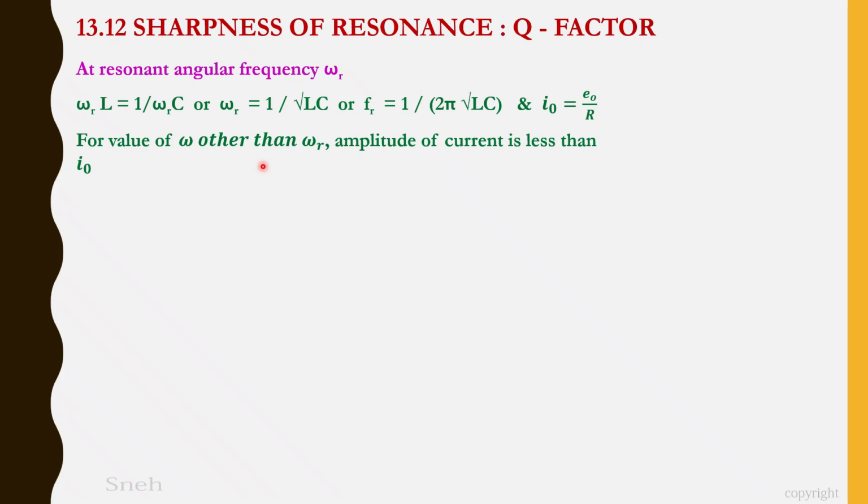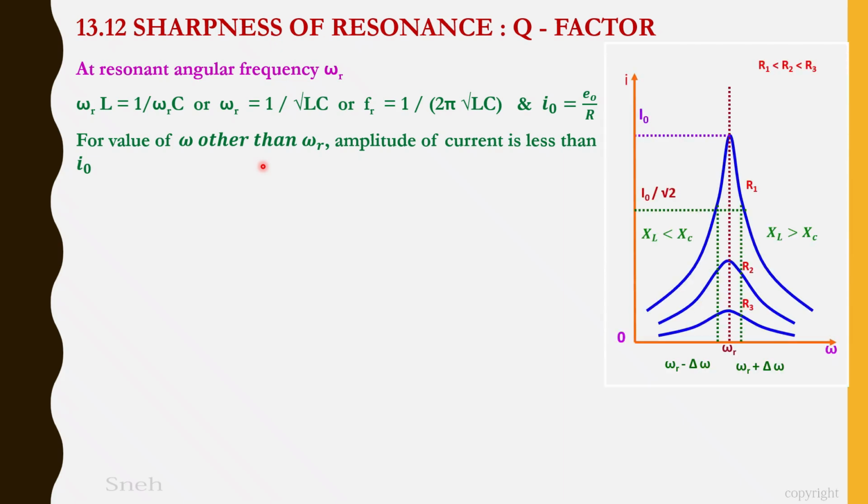We have studied the graph of this also in the series resonance circuit. This is the graph between current and frequency. Here I am taking angular frequency; the variation will be the same for frequency or angular frequency. We have already seen this nature of graph earlier. Now a few more details we have to study regarding that. In this graph we have three curves, and these three are for different values of resistors.